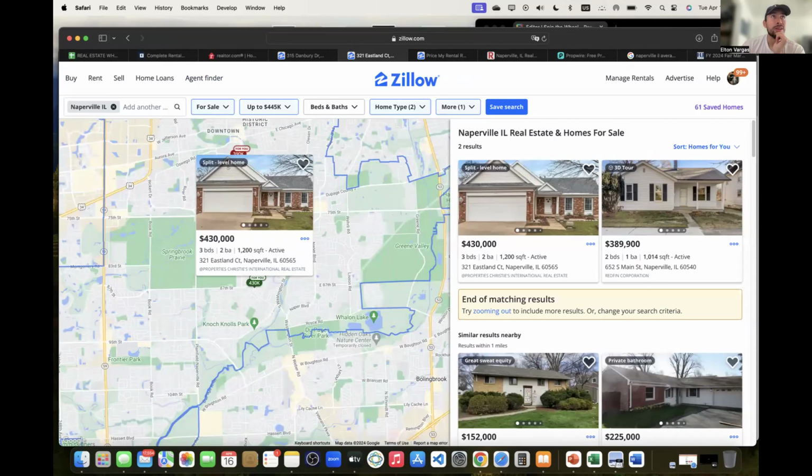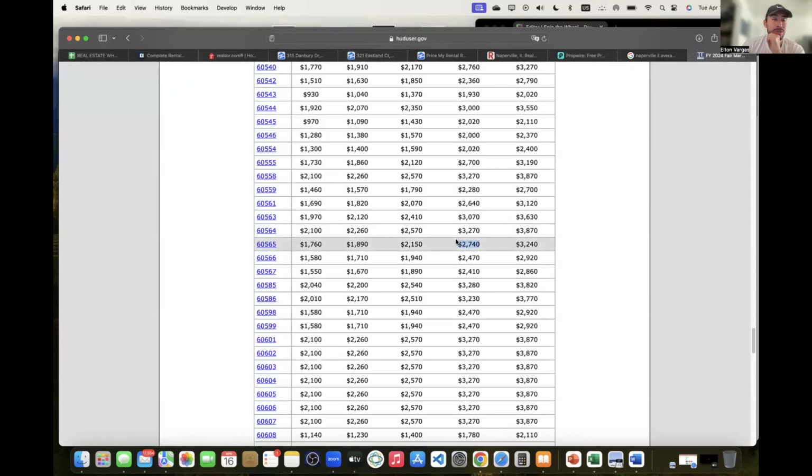Looks like Arthur, well, this is from HUD user directly as well, based on that zip code. So if you have the zip code there, then yeah, if the number is bigger than that, but you're looking at the 2023.